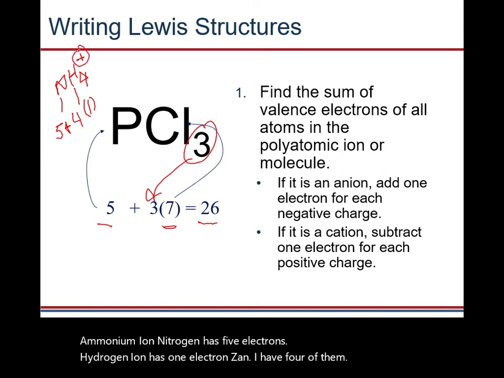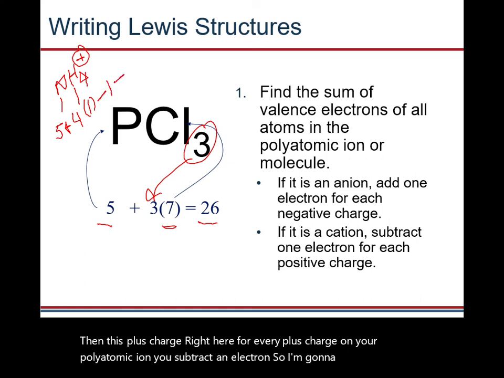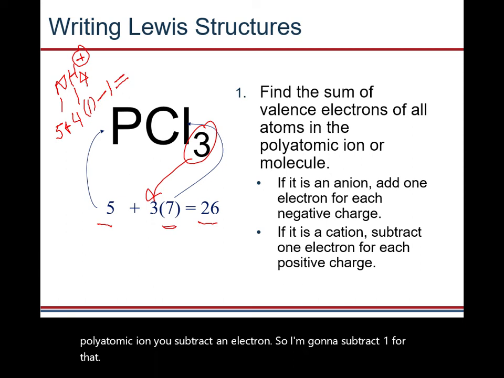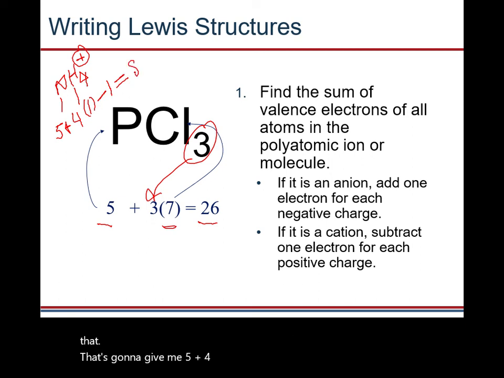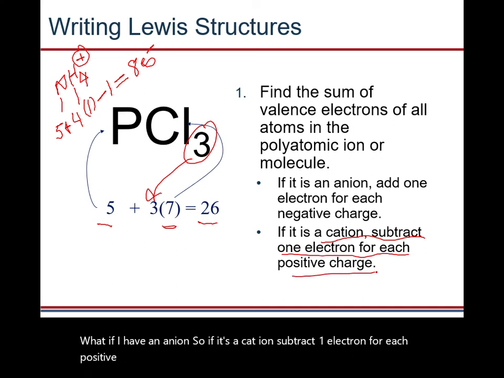Then for this plus charge right here, for every plus charge on your polyatomic ion, you subtract an electron. So I'm going to subtract 1 for that. That's going to give me 5 plus 4, 9, minus 1, that's 8 valence electrons. So if it's a cation, subtract 1 electron for each positive charge. What if I have an anion?